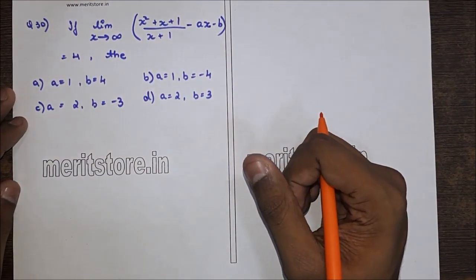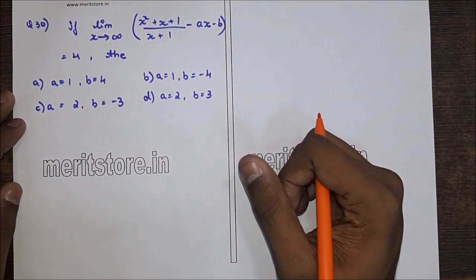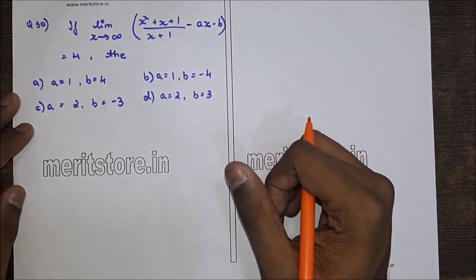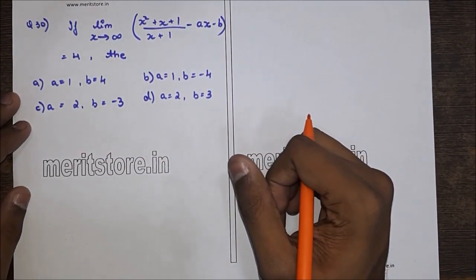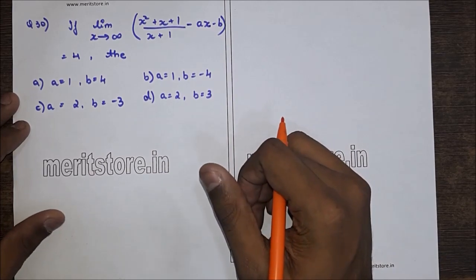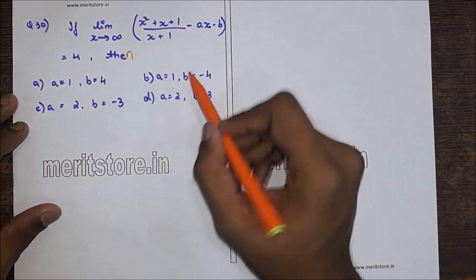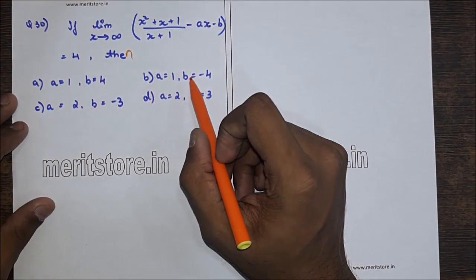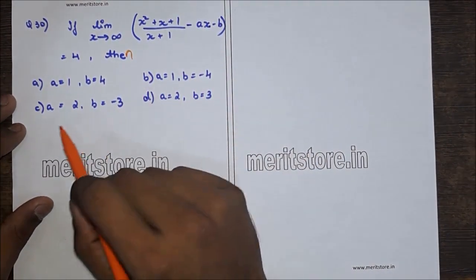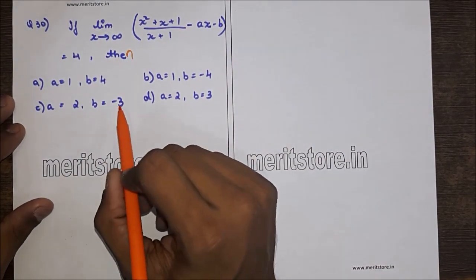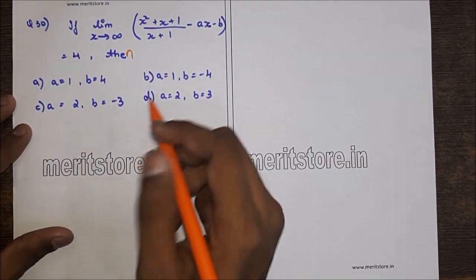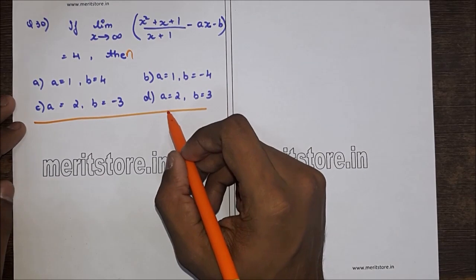If limit of x tends to infinity of x square plus x plus 1 by x plus 1 minus ax minus b equals 4, then: a, a is equal to 1 and b is equal to 4, b, a is equal to 1 and b is equal to minus 4, c, a is equal to 2 and b is equal to minus 3, or d, a is equal to 2 and b is equal to minus 3.